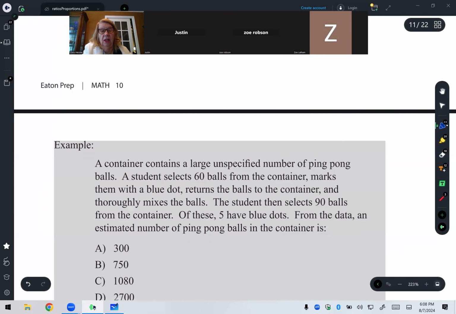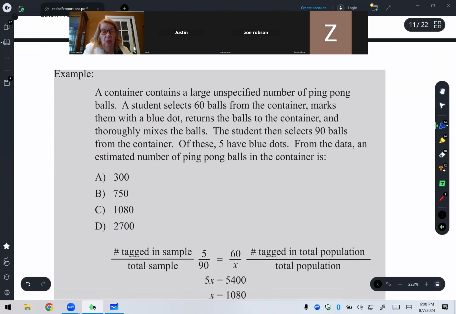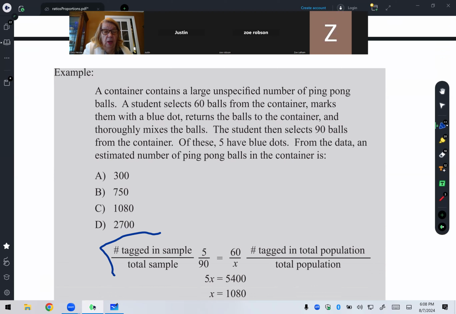If a container contains a whole lot of ping pong balls and a student has 60 balls from the container, he marks them. So we can look down below here. This is what I mean about putting the labels on. So the numbers tagged would be 5 out of the total, all the balls is 90. Tagged in the total population would be 60 over X, and then we would find out there's 1080.